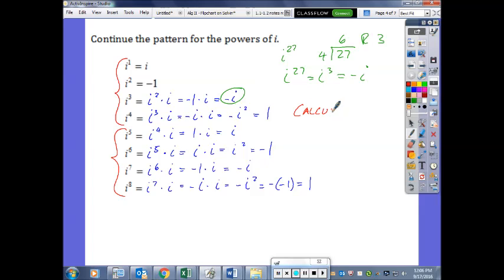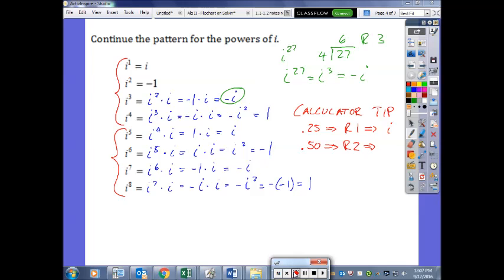If you take your exponent and you divide it by 4 on the calculator, you're going to get one of 4 possible outcomes. You can have a number with a decimal of 0.25, and that is equivalent to a remainder of 1. And this means that you can simplify your power to just i. If you have a decimal of 0.5, that's equal to a remainder of 2.